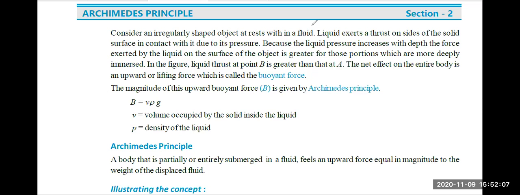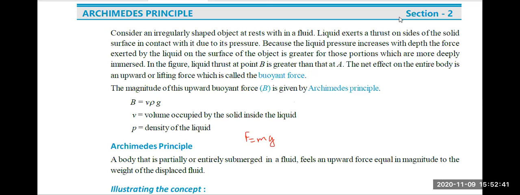Okay, got it? Yes. Now, as all of you know, the formula for the thrust force is basically the force by the displaced liquid, yes or no? And we know that force is equal to mass into gravity, mg, right?